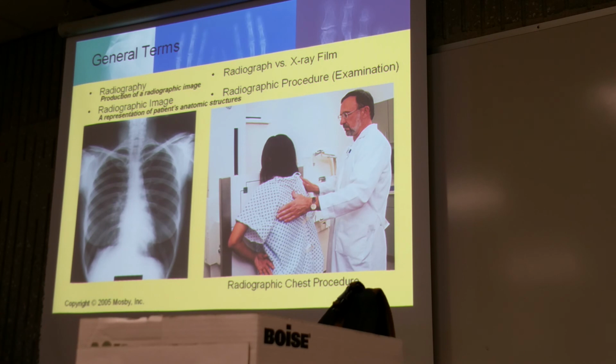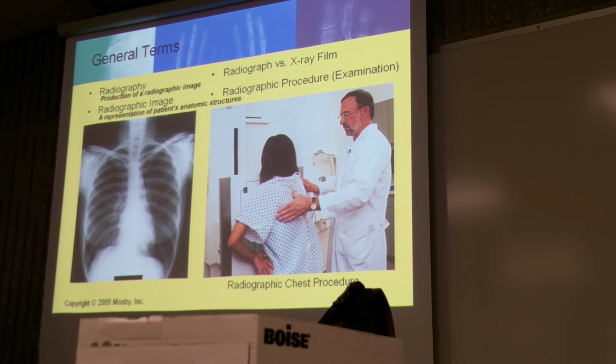We try not to say radiograph anymore because radiograph is actually a hard copy of the study that you did. But now we're looking at the image, the study that you did, on some kind of display screen. So the proper use for that is image and not radiograph.